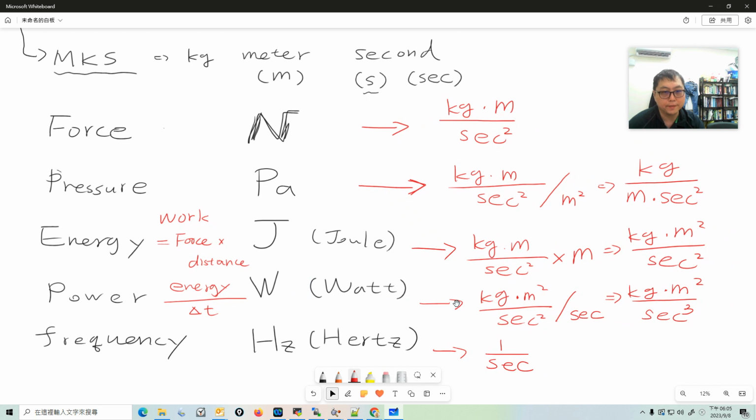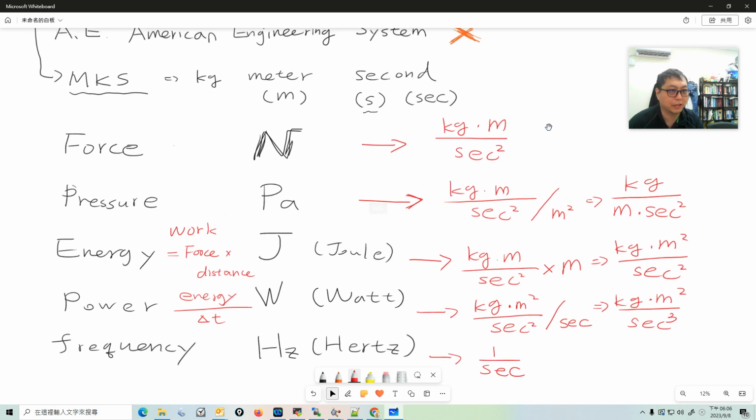I hope you can memorize them or take notes of these expressions. It's very important, because in most calculations, if you don't memorize them, unit conversion will be very painful.